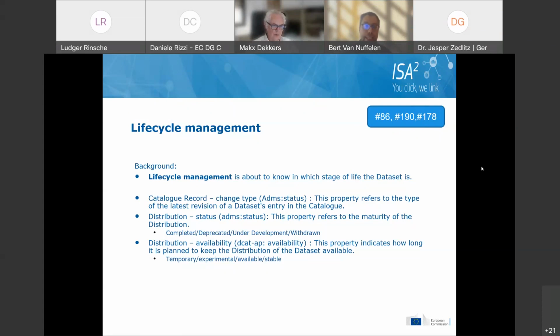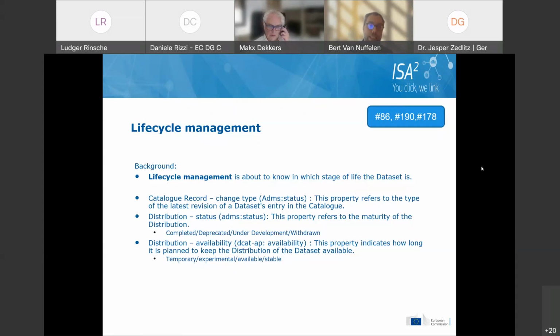If we look at the properties that we have today, we have a lifecycle at the level of the catalog, in the sense that the catalog record has a change type, and that points to the latest revision of the dataset's entry in the catalog. So the metadata description lifecycle.